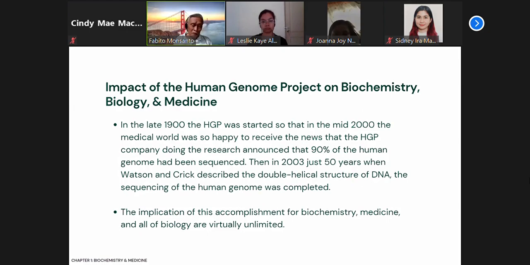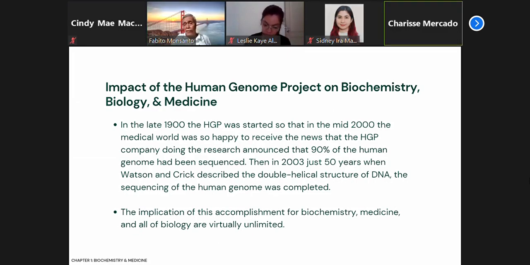So if you have a defective gene, the idea is to remove that gene and put a gene that is healthy. Although this is done in lower animals, and there was no report yet whether they are successful. But eventually, there will be some results. Okay.